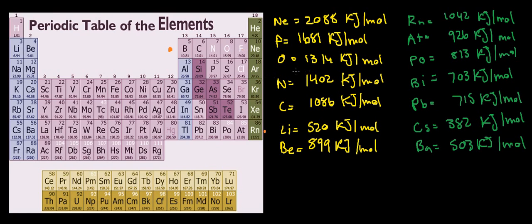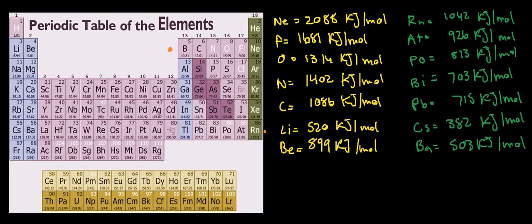Oxygen, 1,314 kilojoules per mole. Nitrogen, 1,400. Carbon, 1,086. And if I go over to the left side, where I have beryllium and lithium, I've got 520 and 899.